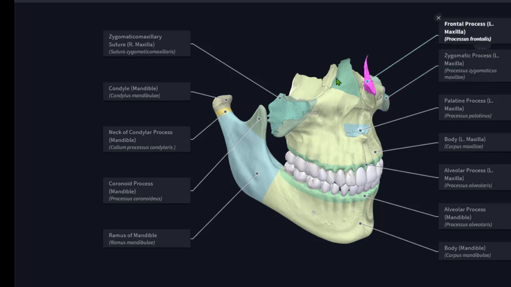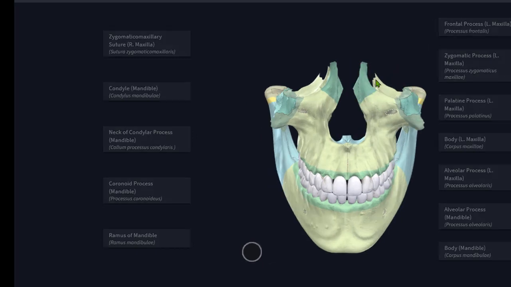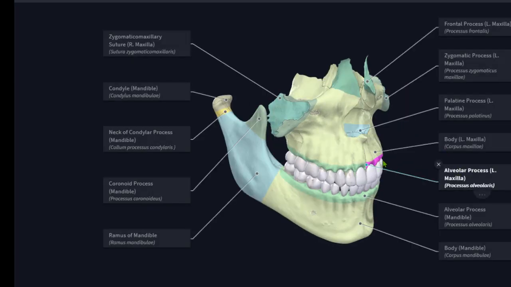If you see from the front, this is the frontal process of the maxilla. Then you will find the alveolar process of the maxilla, which you can see over here.